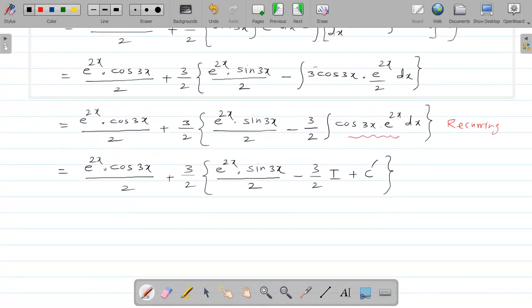Now further after solving we get e raised to 2x into cos 3x upon 2. Now multiply by 3 by 2, then you will get 3 by 4 into e raised to 2x into sin 3x minus 3 by 2 into 3 by 2, that is minus 9 upon 4 into I, plus this is 3 by 2 into c dash.